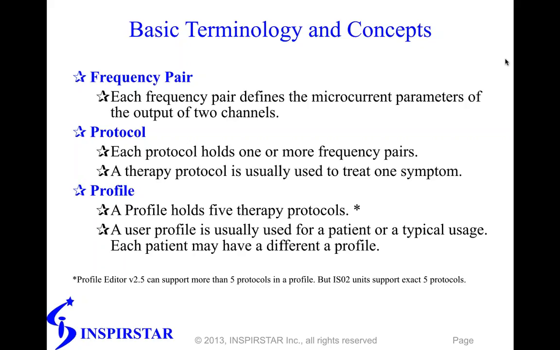That's a frequency pair. A protocol holds 1 or more frequency pairs, and this is usually set up to treat one particular symptom. So let's say I'm treating degenerative disease of the knee. I'm going to have various frequency pairs to treat different parts of the knee.